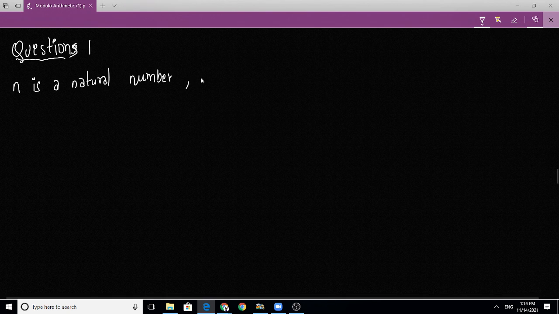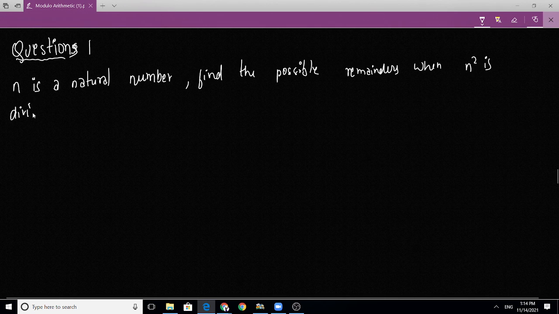So find the possible remainders when n square is divided by 2, 3, 5 and 6.